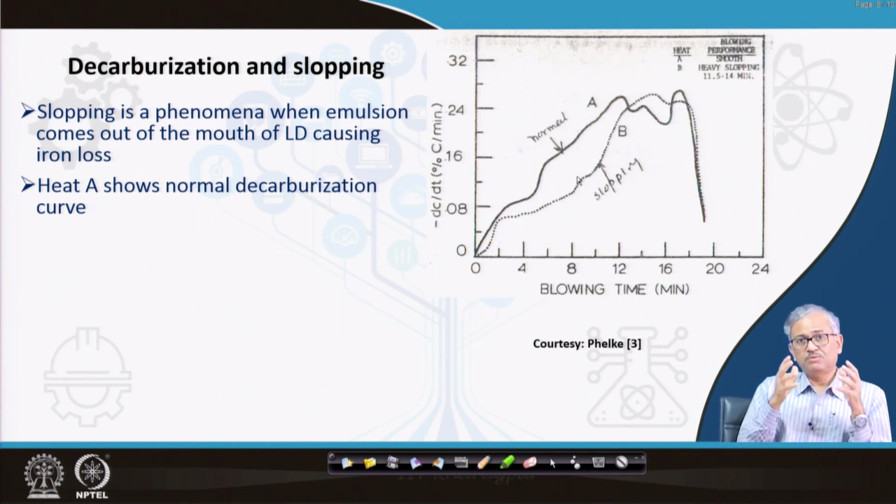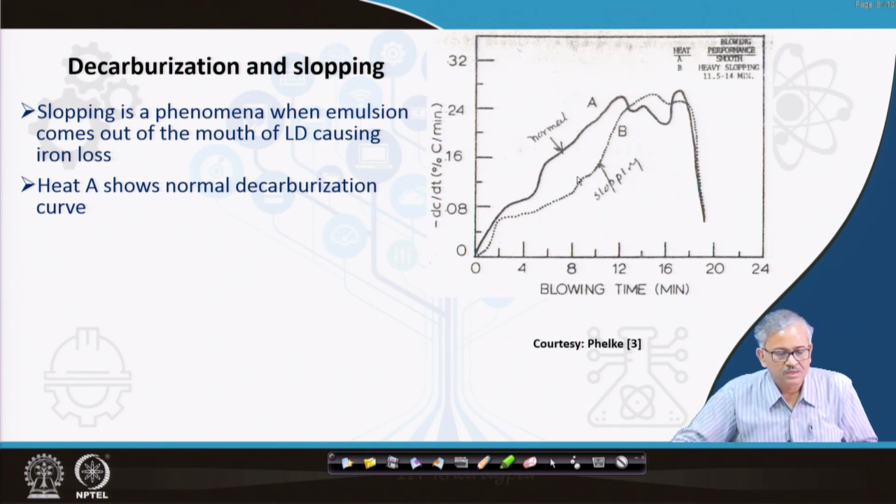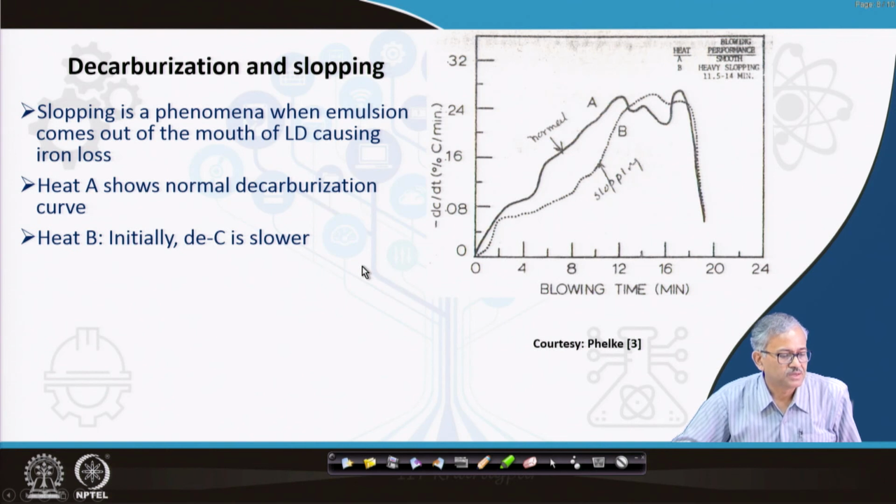So, if you do not have proper mixing, then sometimes it can happen. The liquid moves in the lower part and some packet comes and joins the upper part of the vessel, and then from there it joins the emulsion phase, and then a sudden burst in the decarburization rate can give rise to the sloughing phenomena, right.